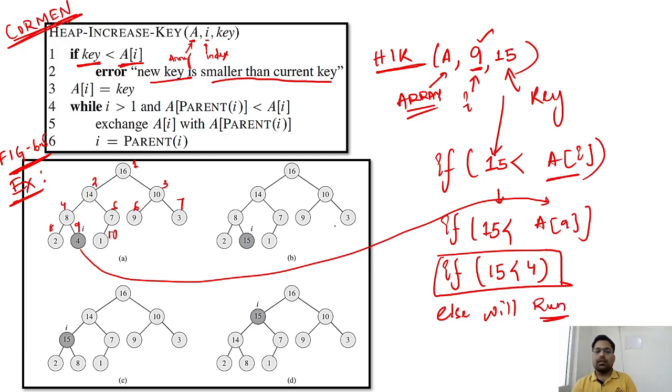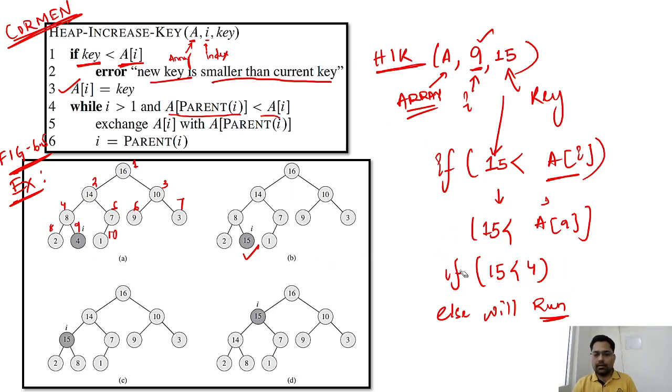Though else will run, what we have to do, first we have to set the key at this index. This is done, like we will be placing A of 9 equivalent to the key which we got. After that, what we have to do, we have to go for a while loop, where I is 9, and we have to check whether the parent is less than this or not. I'm removing it for clarity.